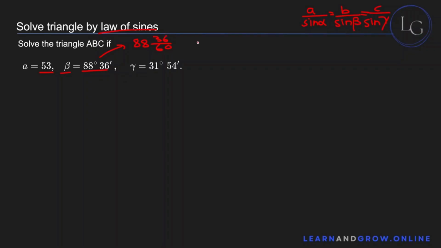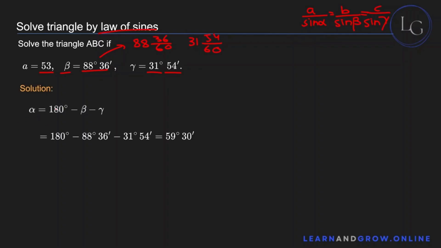So it's 88 point something, and the angle gamma is 31 degrees and 54 minutes, which is basically 31 and 54 over 60, which is like 31.9. So alpha is obviously equal to 180 minus beta minus gamma, right? Because alpha plus beta plus gamma equals 180 degrees. So alpha is 59 degrees and 30 minutes, which is 59 and 30 over 60, which is 59.5, by the way.